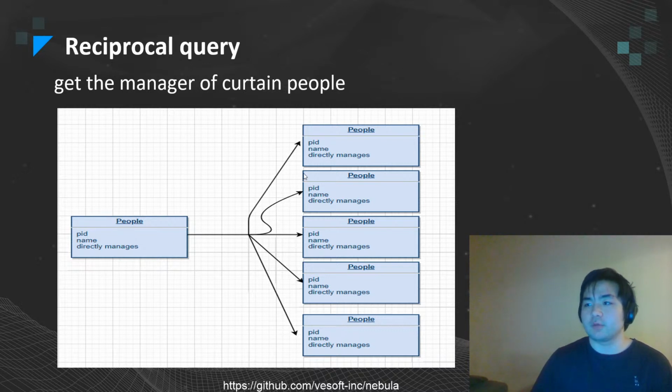That is because of the nature of the database design. Here, an ID can point from one to another, but that is not bidirectional. So a reciprocal query requires a lot of resources to look over all of the database and then find the manager for one certain employee. That cost is usually unacceptable.